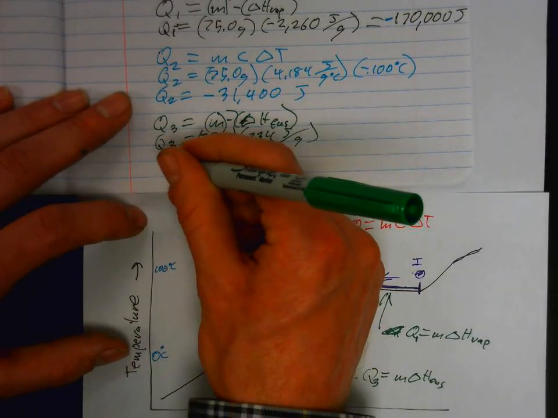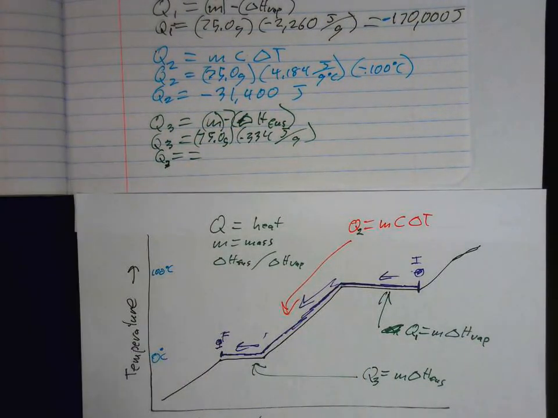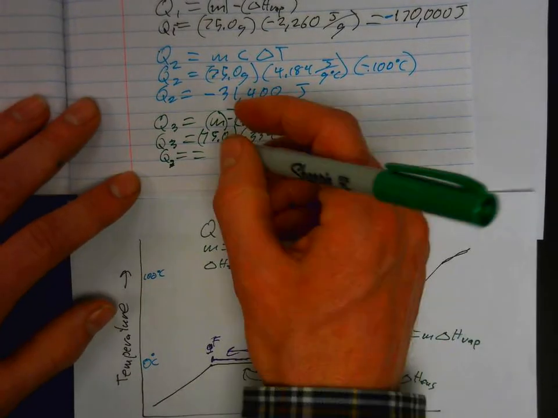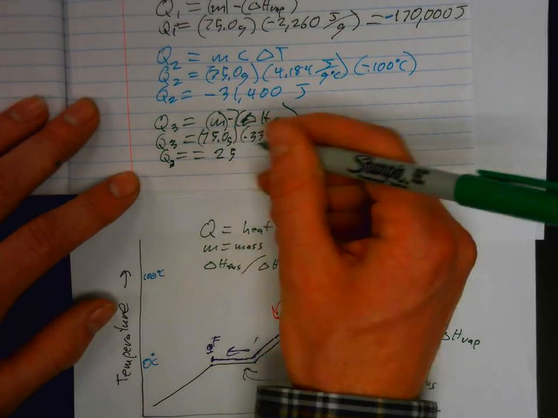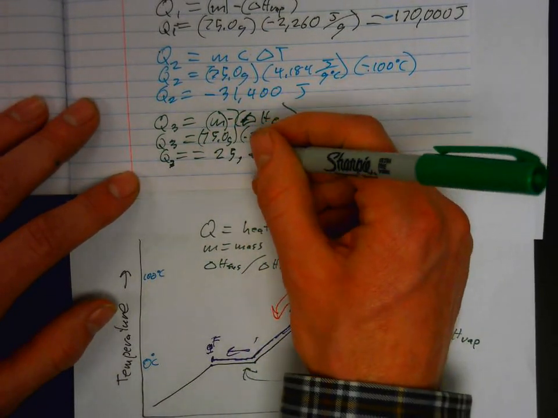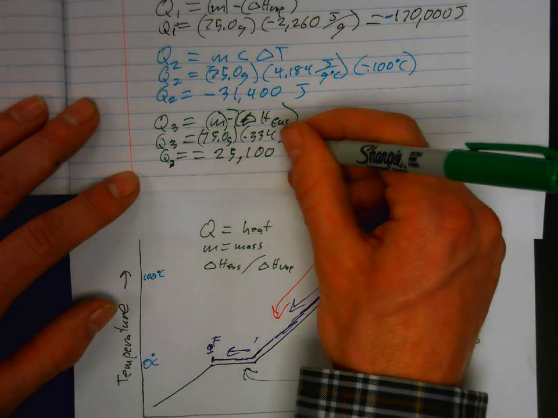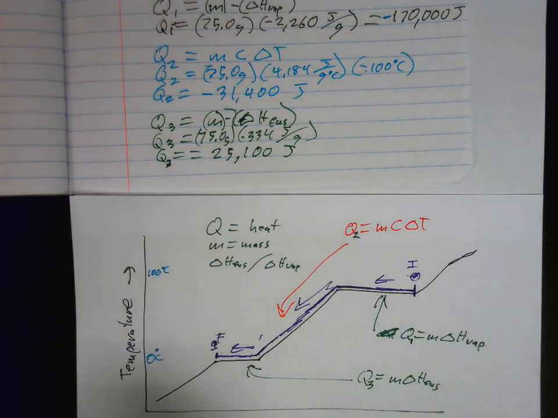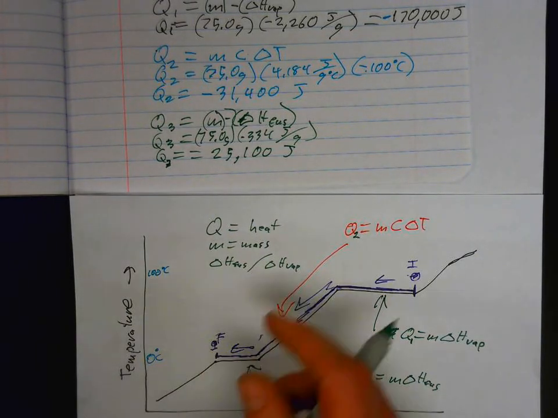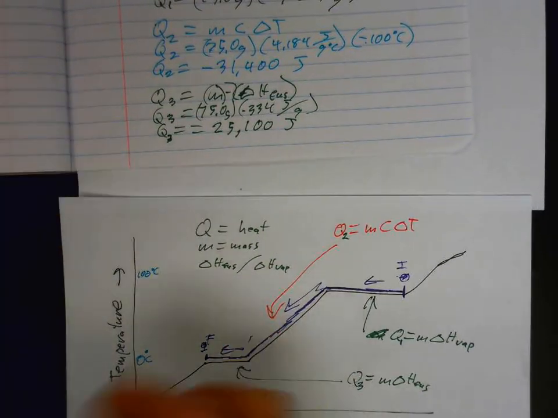Q3 then is negative 25,100 joules. Okay, so now we just need to add up Q1 plus Q2 plus Q3.